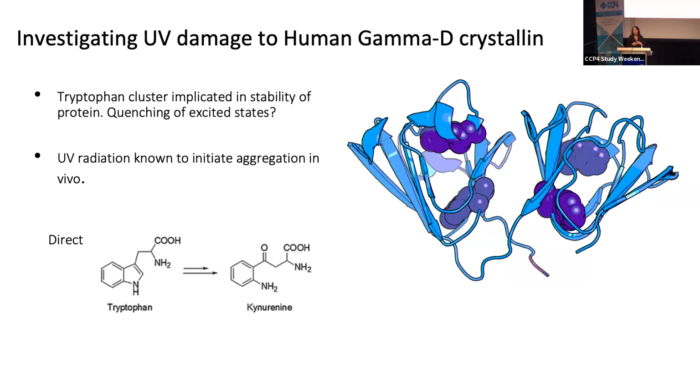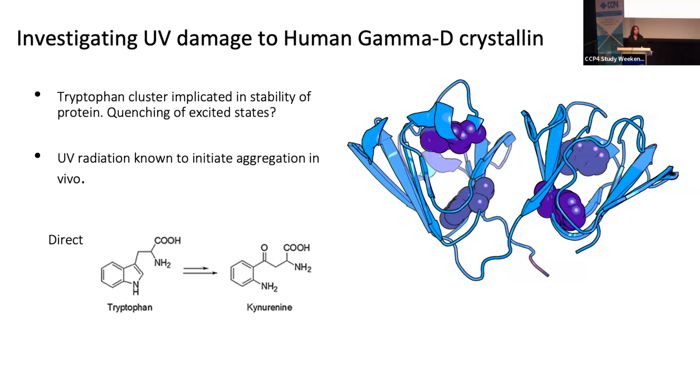But UV is known to initiate aggregation in vivo, and it's thought that over time, very slowly, tryptophans become oxidized and are finally converted to kynurenine. Kynurenine is more hydrophilic than tryptophan, and so this disrupts the structure, causing unfolding and aggregation.